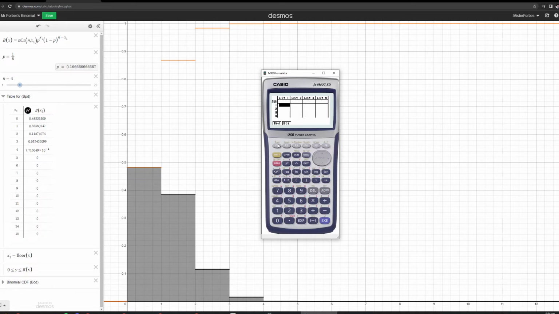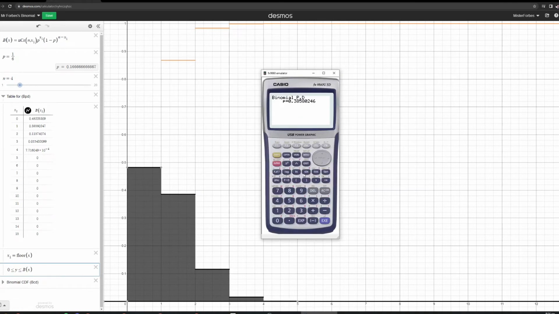So let's say we want to know the probability of getting 1 one. We're doing 4 dice in total, and the probability of each dice is 1 over 6. So our probability is 0.3858. That's the same as this here.